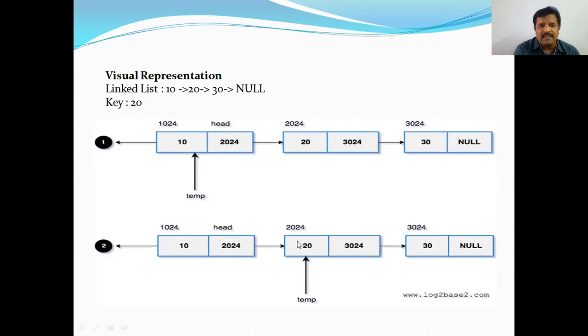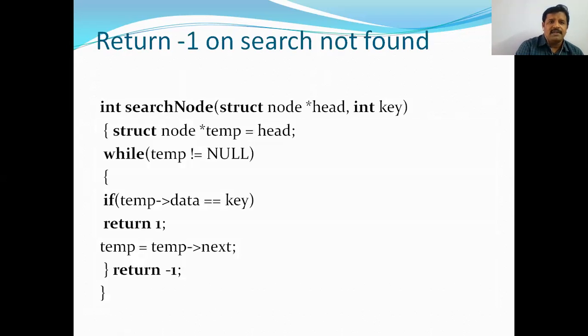Here we are comparing the key element 20 with this element 20. So both are matched, right? That means the element is found. Then it returns the value 1. If it returns the value -1, that means the searching element is not found, right?